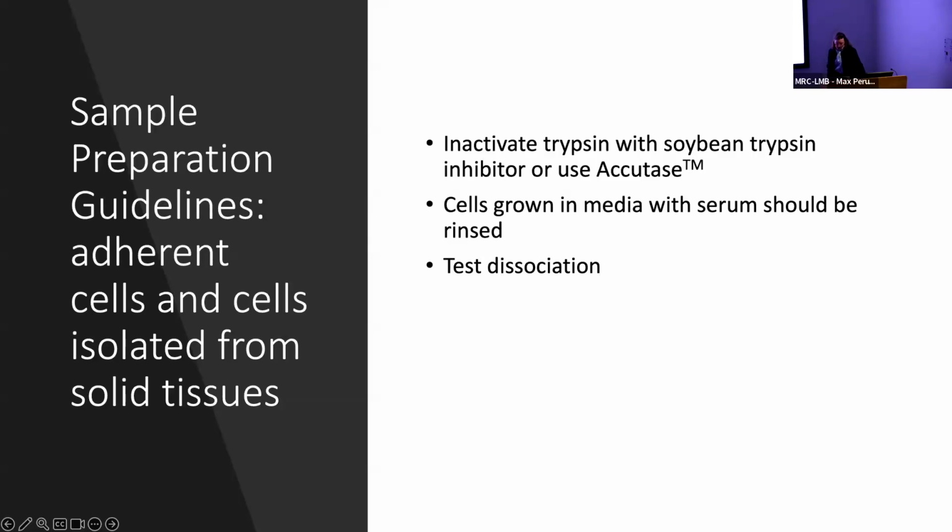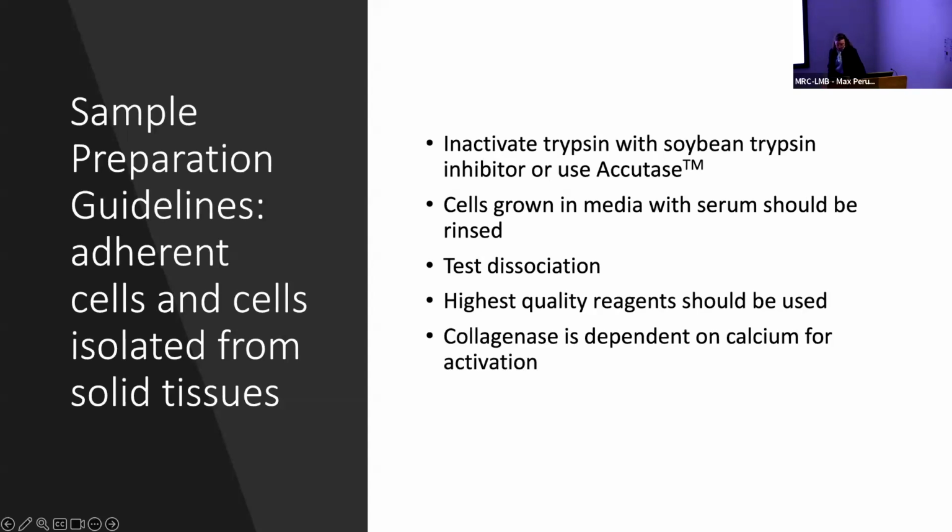You definitely want to test any non-enzymatic buffers relying on chelating agents as well. And then the highest quality reagents, of course, should be used. Just keep in mind that if you're using collagenase, it's dependent on calcium for activation.